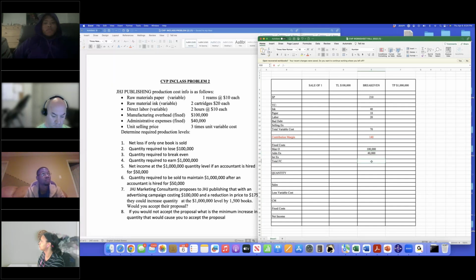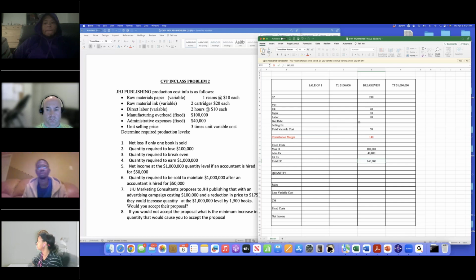The fixed costs will be manufacturing overhead, administrative expense, and interest. Here we had 2 of them. Our variable expenses are going to be ink, paper, labor, bad debts, and selling expense. Selling expense is variable because it's going to be a percentage of the selling price; our salesmen are going to be on commission.